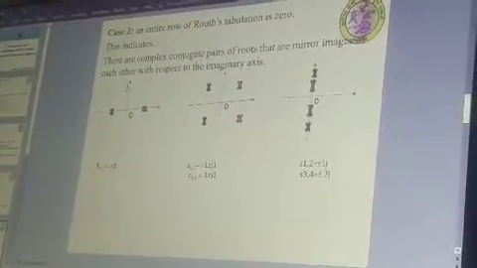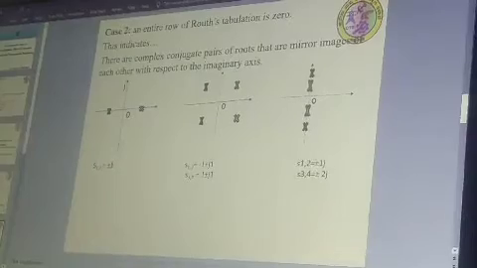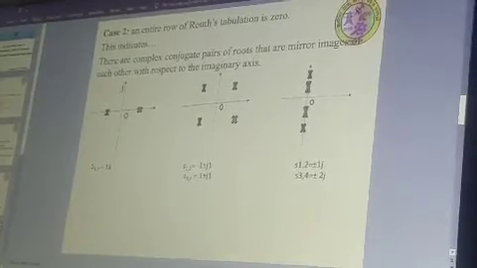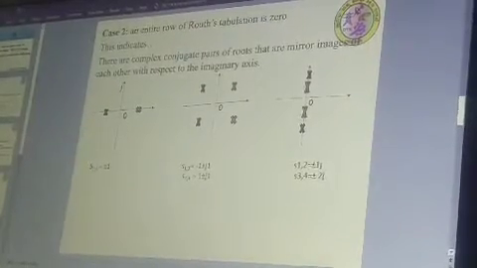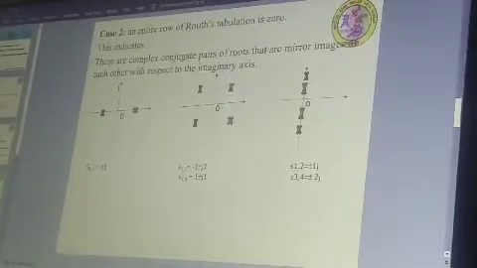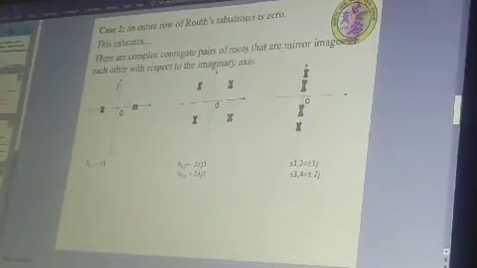See, why you are getting all elements in any row as 0 in the Routh tabulation is because of all this.